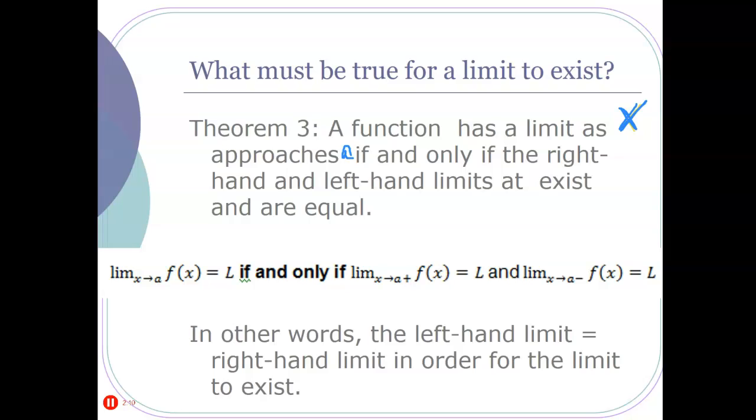That's what this statement is saying: the limit as x approaches a of f of x equals L if and only if the limit as x approaches a from the right, which we call the right-hand limit, equals the left-hand limit, and they both equal L.